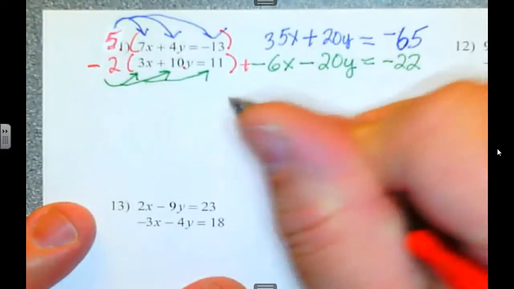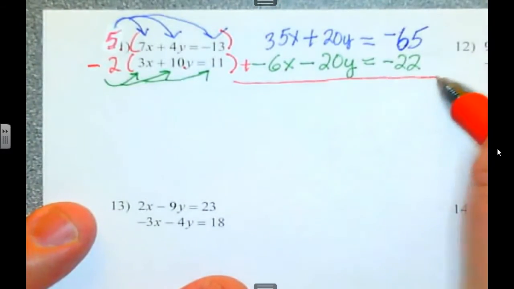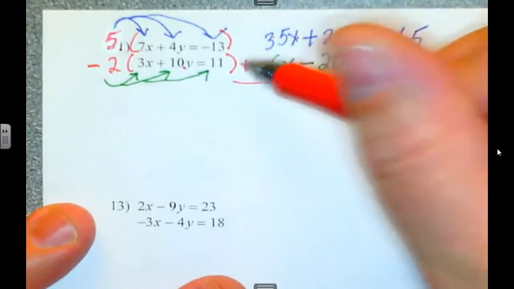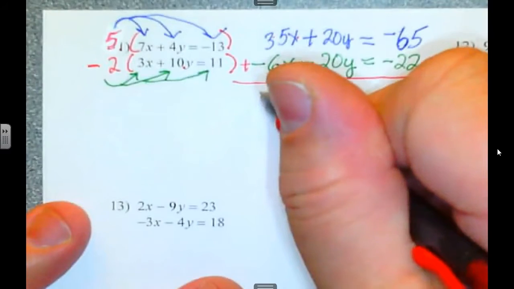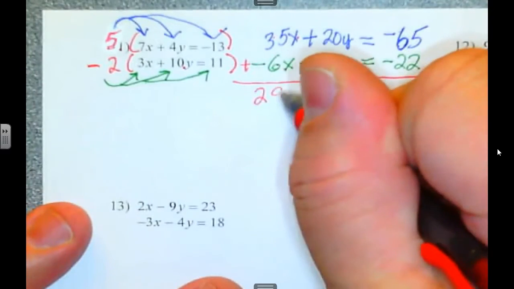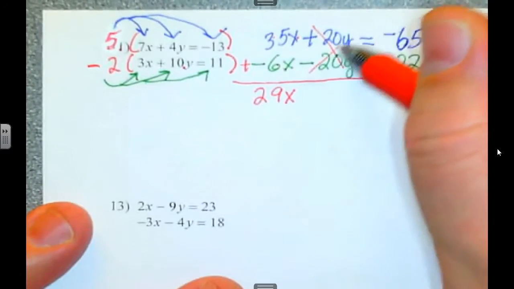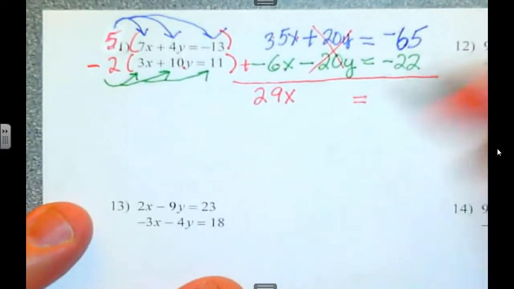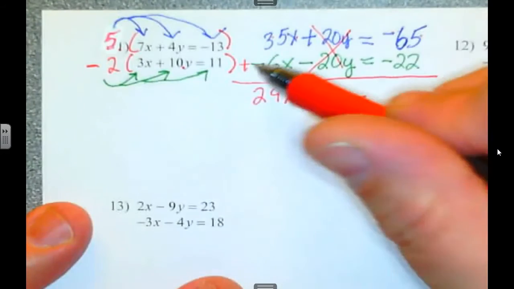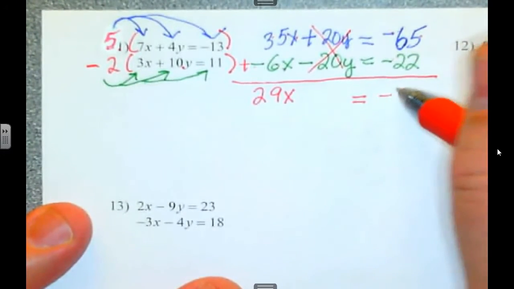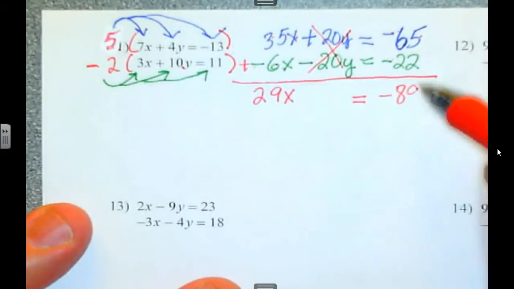Add them together. Okay, 35x minus 6x, or plus a negative 6x. So positive 29x. These eliminate. Negative 65 plus negative 22, negative 87.